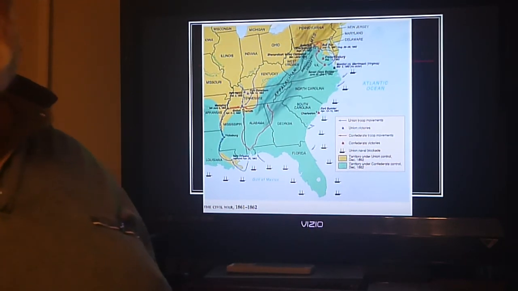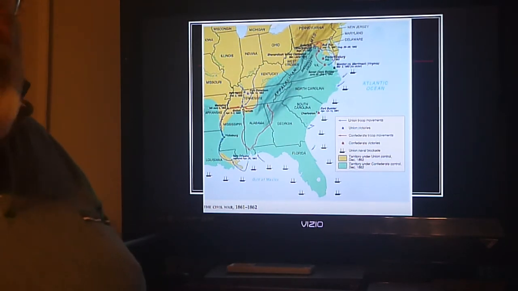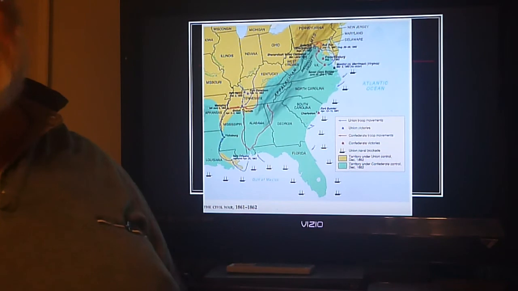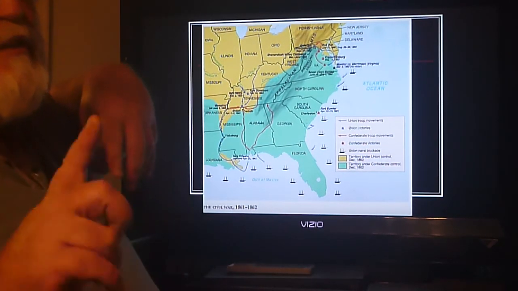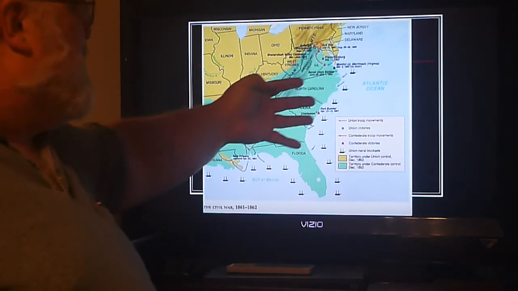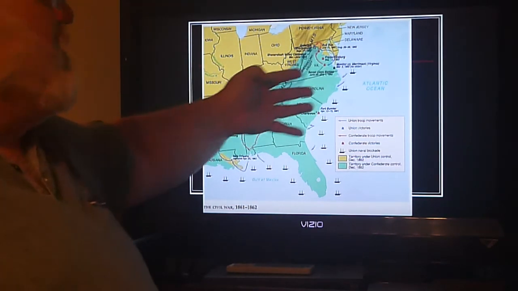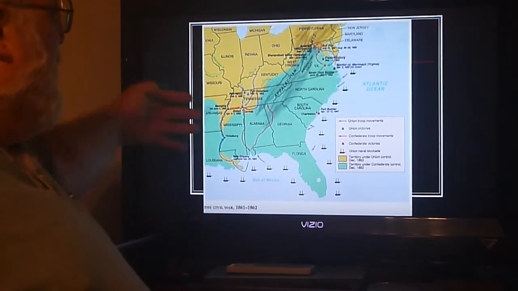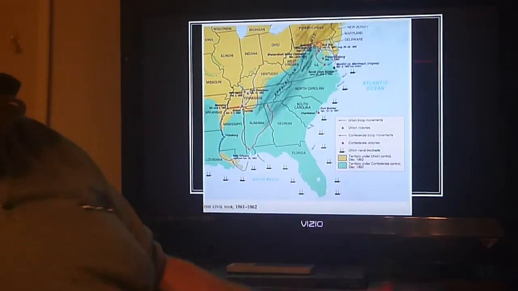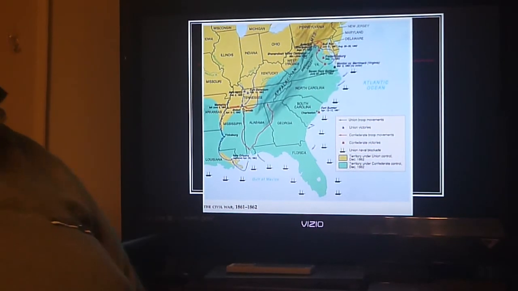But for the English, the idea is far more complicated because, number one, they do have an alliance with the United States of America. However, everything they want from the United States of America is in this part of the country, in the Confederacy.